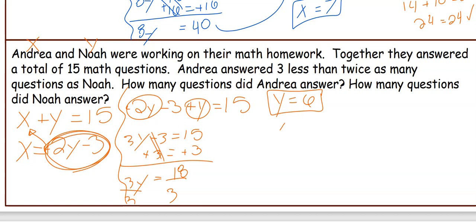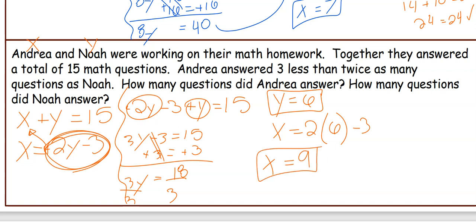So x is equal to 2 times whatever the y value is minus 3. 2 times 6 is 12, minus 3 is 9. Is that what you got for the second point? Yes. So then our solution set would be 9 comma 6. That's our x, that's our y. Or in other words, this is Andrea did 9 problems and Noah did 6 problems.